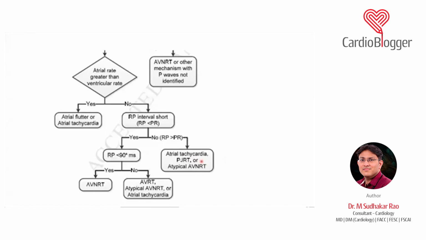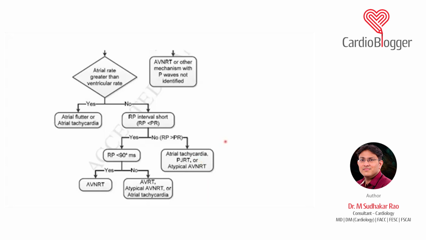It is usually seen in the pediatric population, who present with tachycardia-induced cardiomyopathy, so it is not much seen in adults. Then we can have atrial tachycardia, as I already discussed last time. Atrial tachycardia can be focal atrial tachycardia, multifocal atrial tachycardia, intra-atrial tachycardia, or SA node reentrant tachycardia, which we'll go through briefly today.